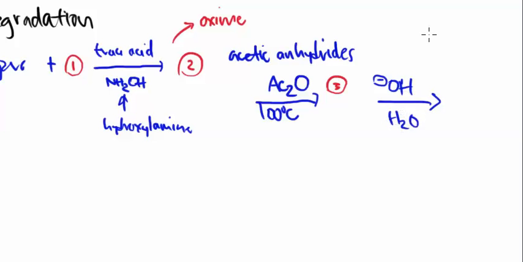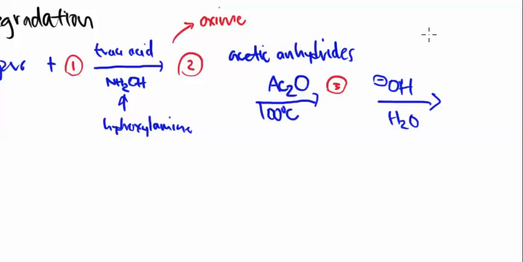So if you go back and you compare this to the Kiliani-Fischer, Kiliani-Fischer started off with acid and a nitrile group. This starts off different. It starts off with hydroxylamine, kind of a base if you want to think about it. So Kiliani-Fischer somewhat starts off with an acid. Wohl degradation is backward. So this starts off with a base.